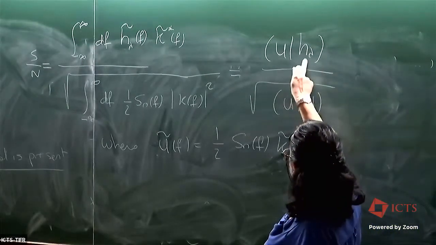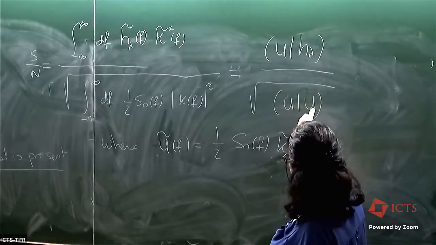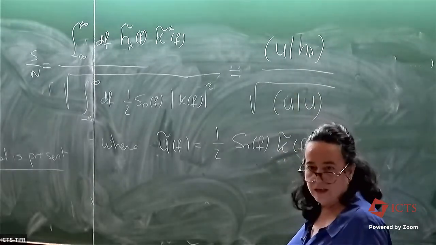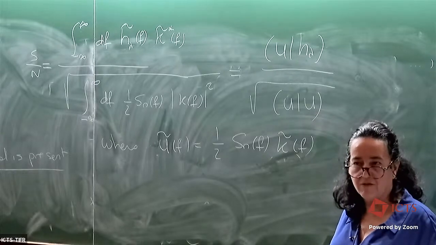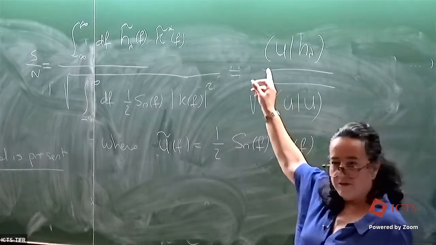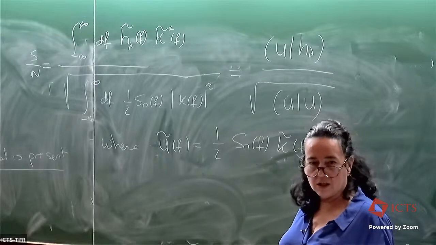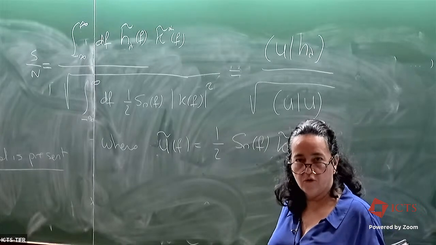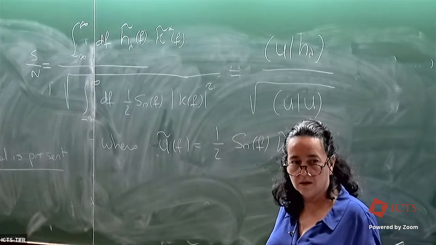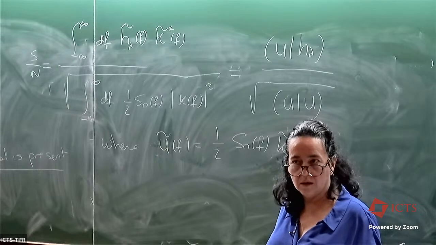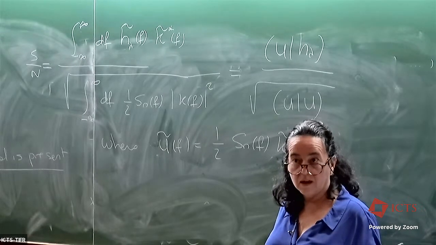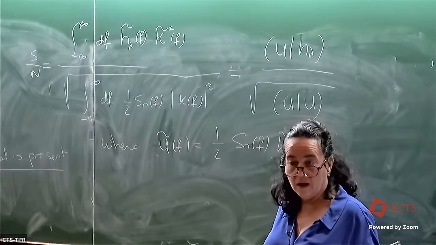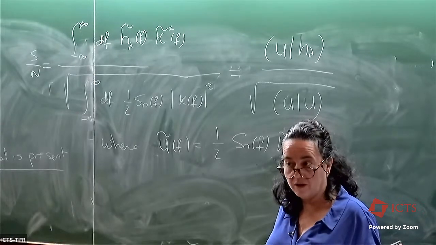So this is the scalar product of these two quantities divided by, beautiful thing, a normalization. If I imagine things like vectors, when is the scalar product of two vectors maximized? Exactly, when they are parallel, when they are proportional to each other.